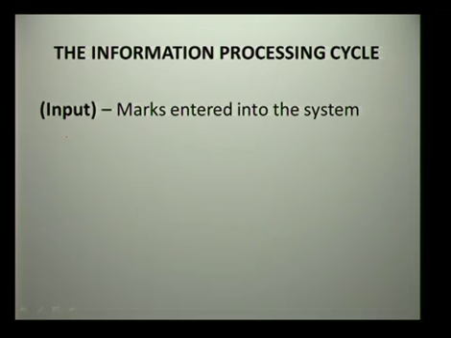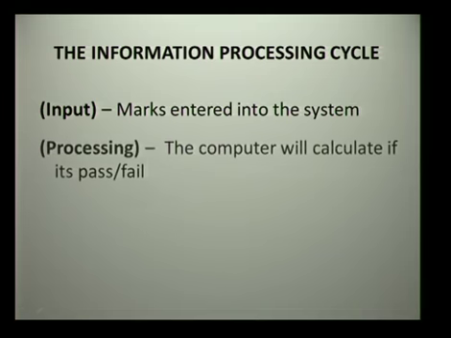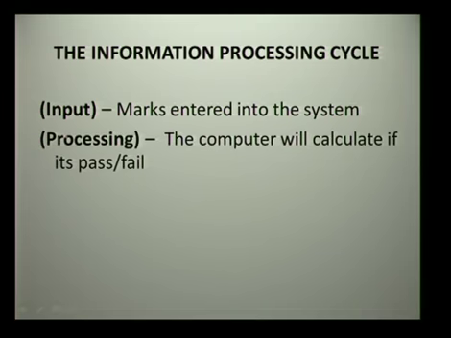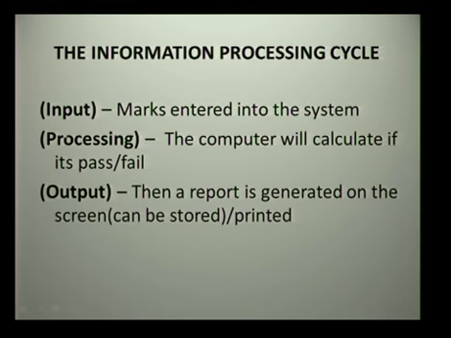Now, the input, as I've explained before, would be marks entered into the system. Secondly, processing is when your computer will calculate if it's a pass or fail. Thirdly is output, when a report will be generated on the screen, or it can be stored and printed later.